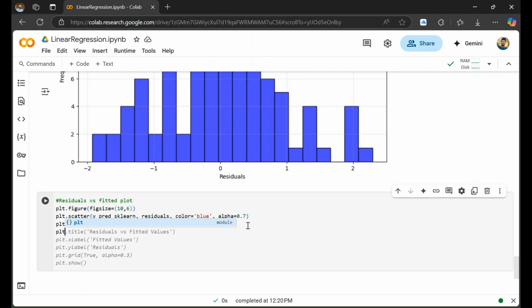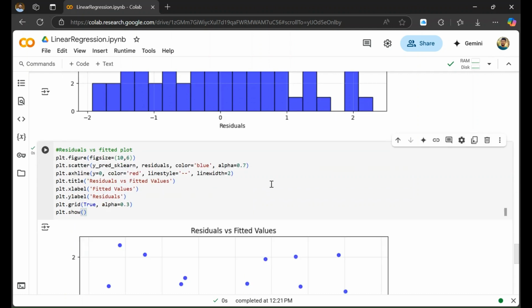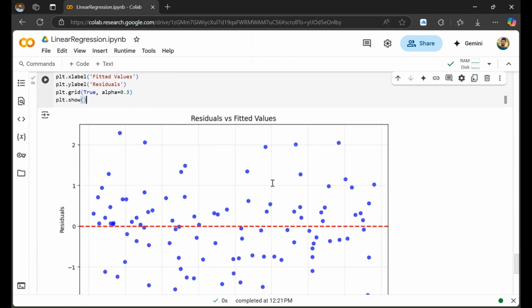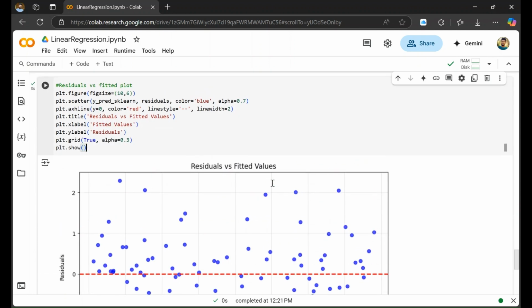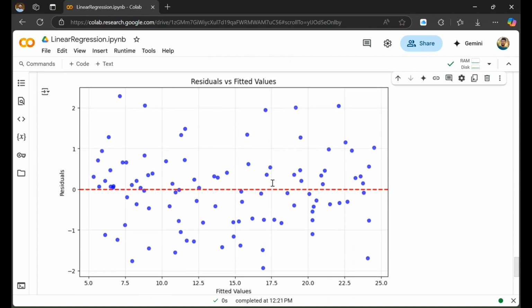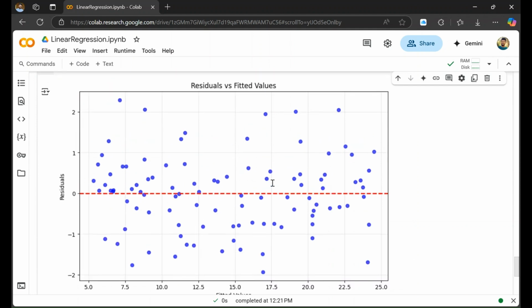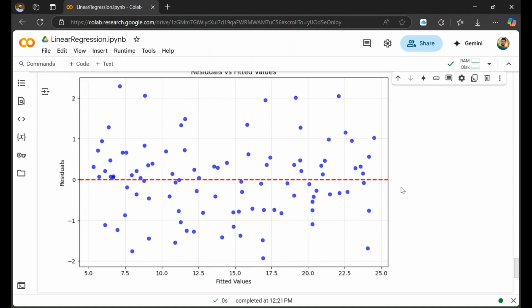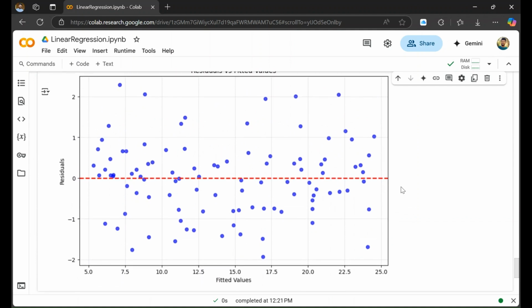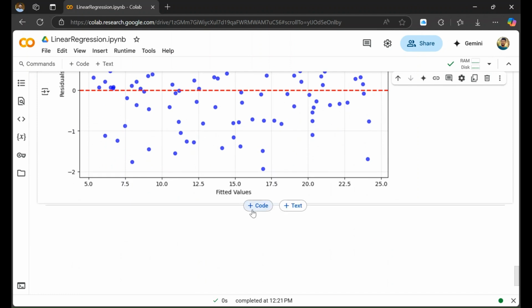Now this gives us a plot of residuals versus fitted values. These are the residuals against the fitted values.